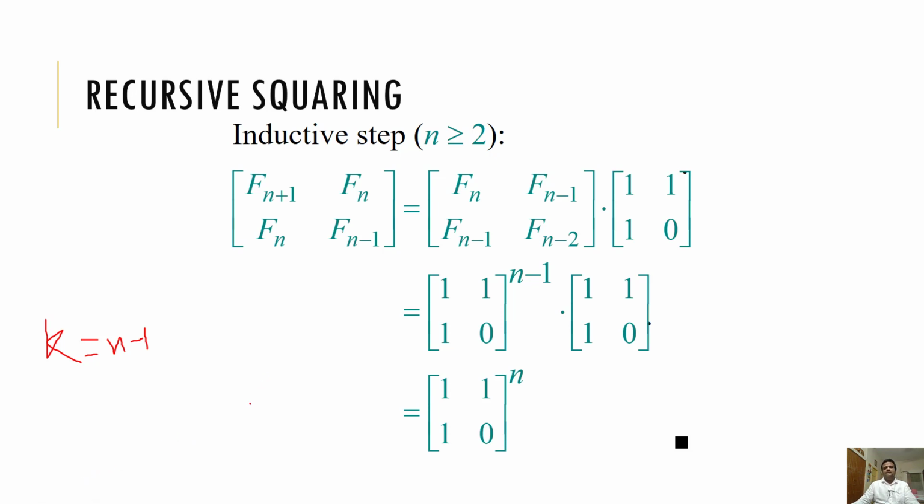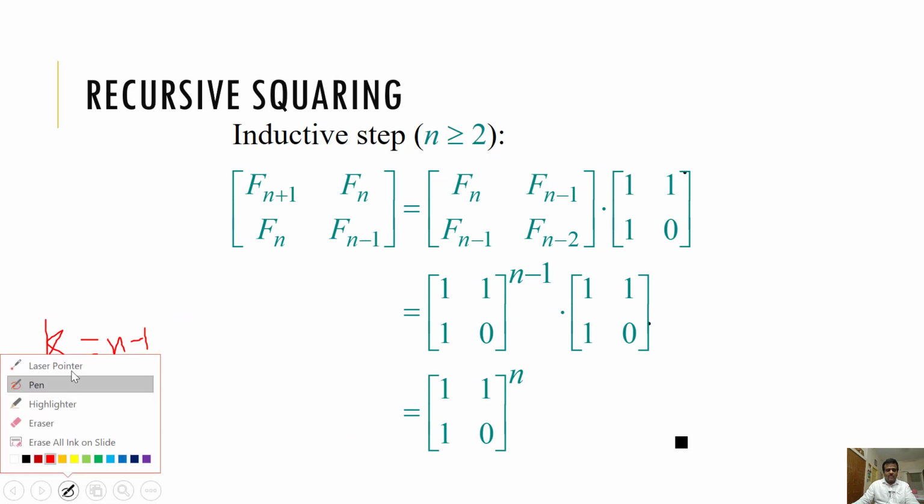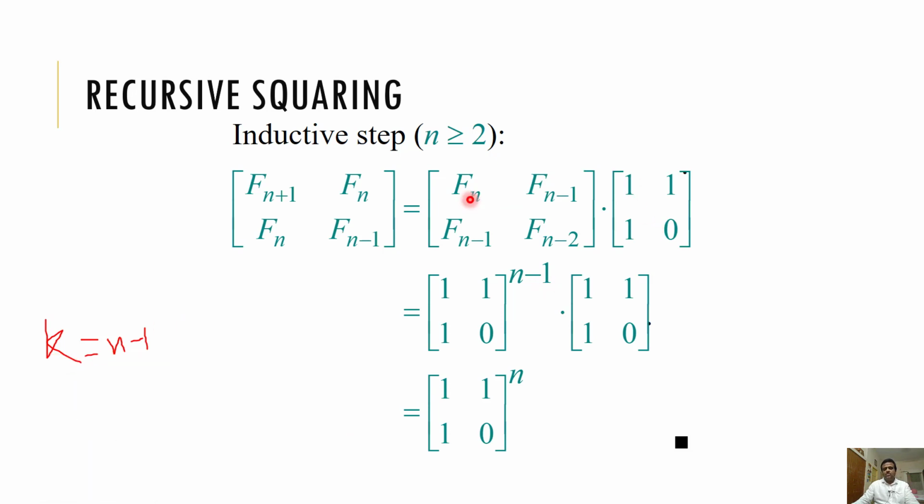So, that is the thing we are doing. Now if we multiply this matrix with this 1 1 1 0, what will be this matrix? So, this into this. Let us calculate that.